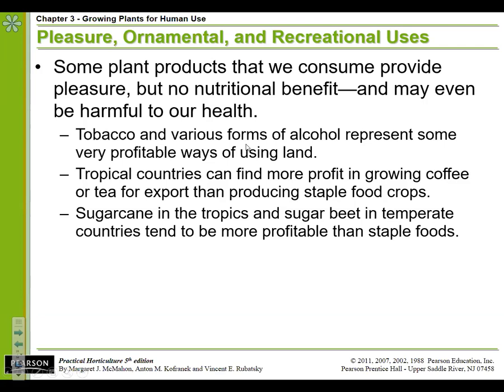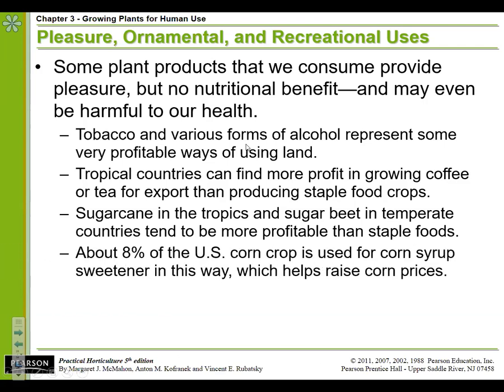So it makes sense to grow them and sell them, especially considering we're operating on the margins often. Also, looking at corn, for instance, about 8% of the U.S. corn crop is actually used to create sweeteners, corn syrup, and of course, high fructose corn syrup, which finds its way into pretty much any processed food.